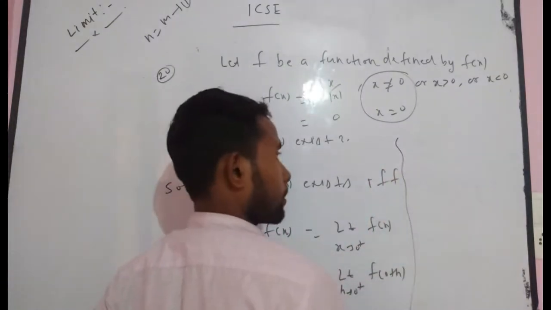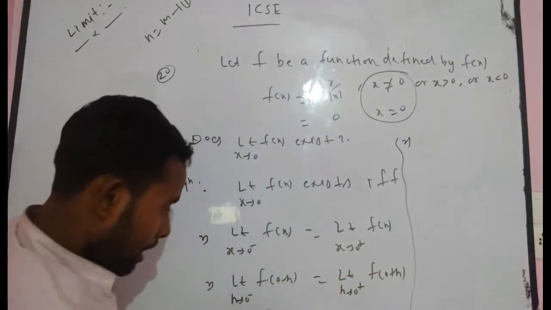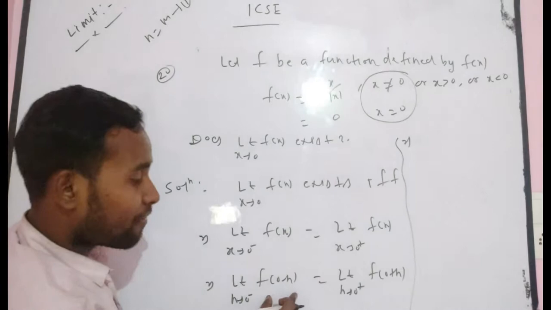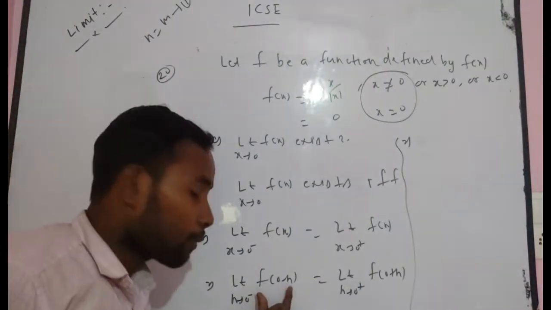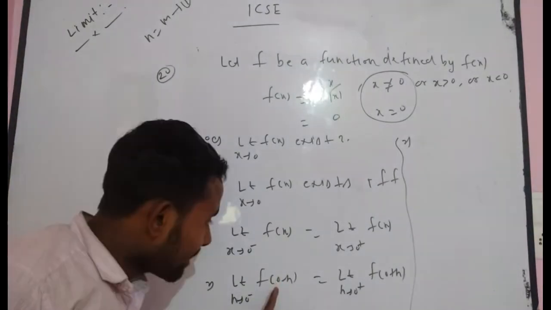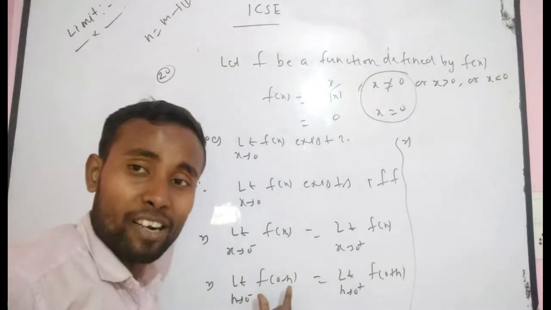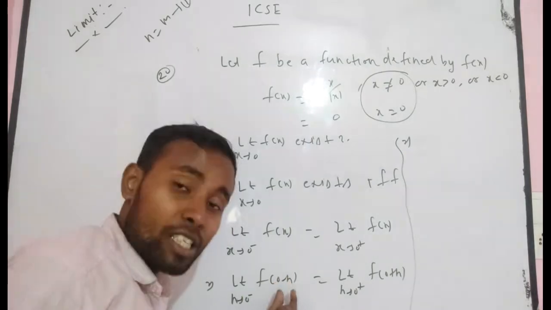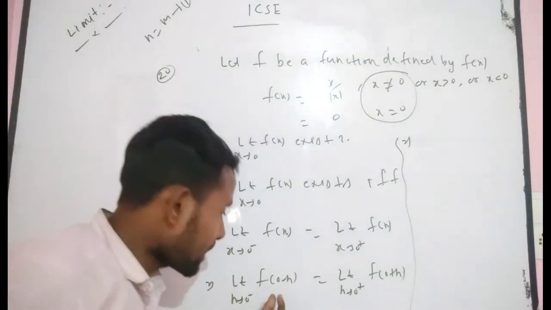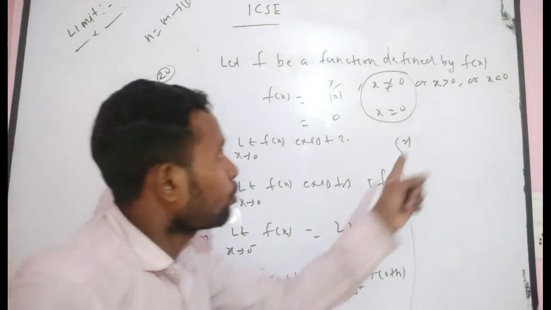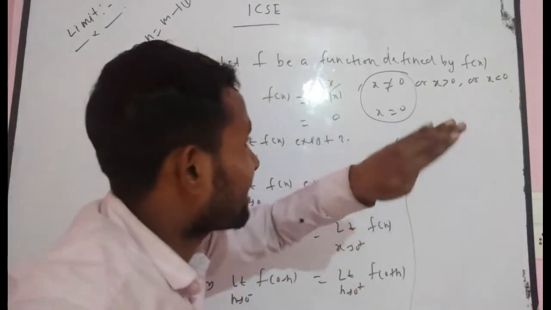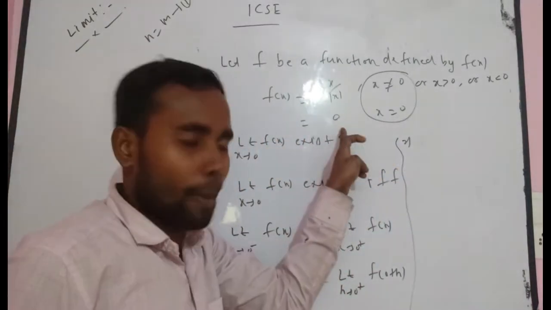That implies the limit as x tends to 0 from the left hand side of f(0 minus h). You have to choose the function now. You have to choose that function which is defined for that value of x which is slightly less than 0. At exactly x equal to 0, we choose f(x) equal to 0.